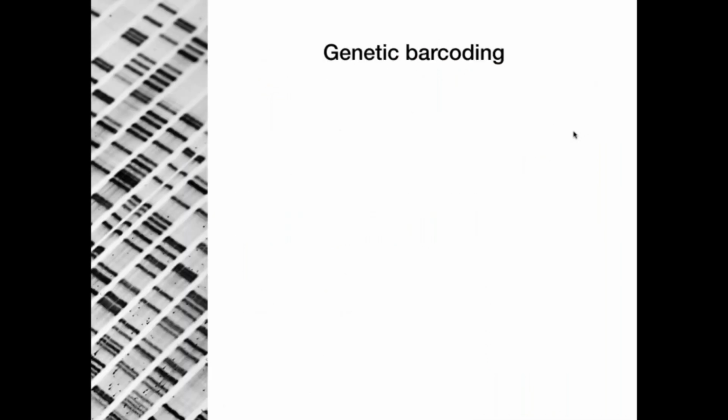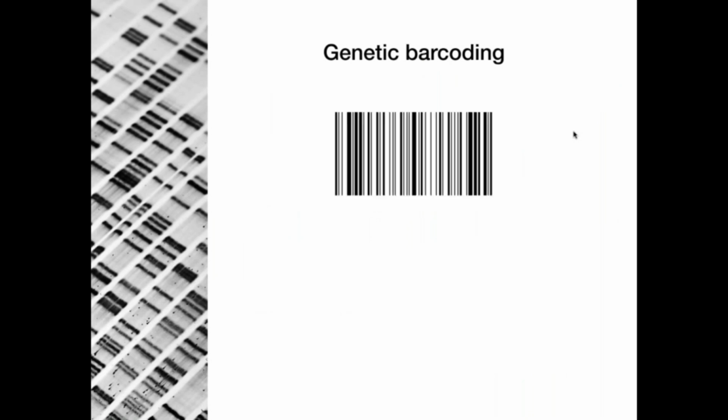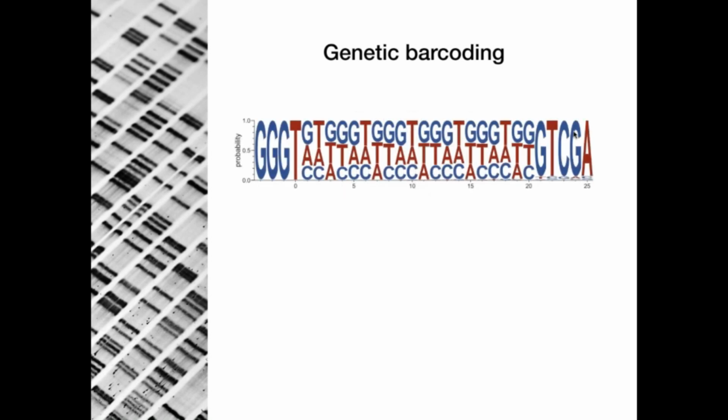So to just give you a brief introduction to genetic barcoding, a DNA barcode is very similar to a barcode found on any item in the store. It's a unique identifier for a certain DNA strand. And in our case, we've been using a 20 base pair barcode cycled over 3 nucleotides to avoid homopolymers.